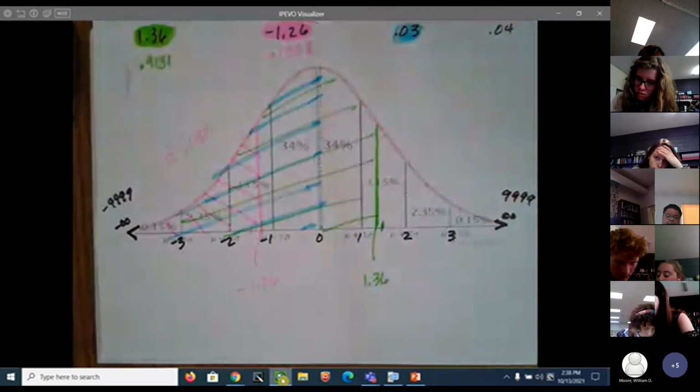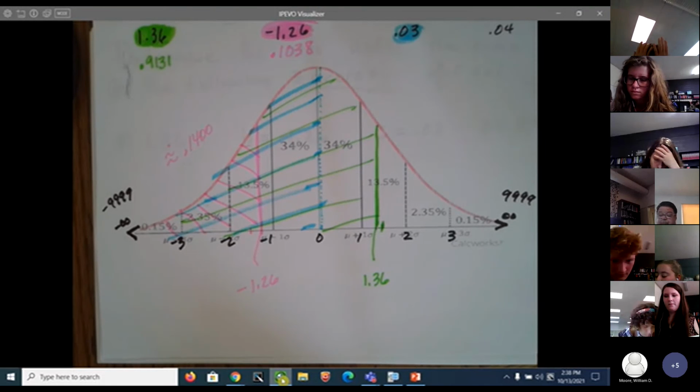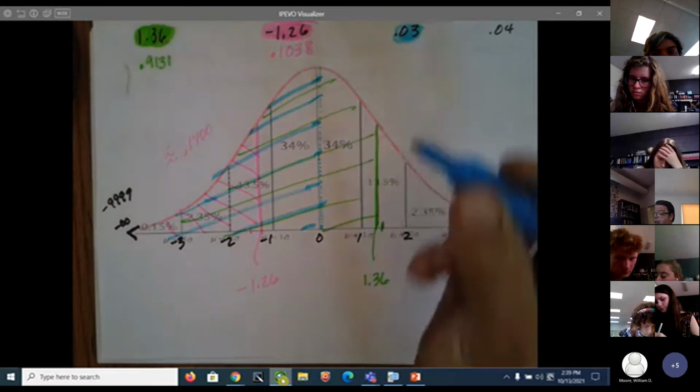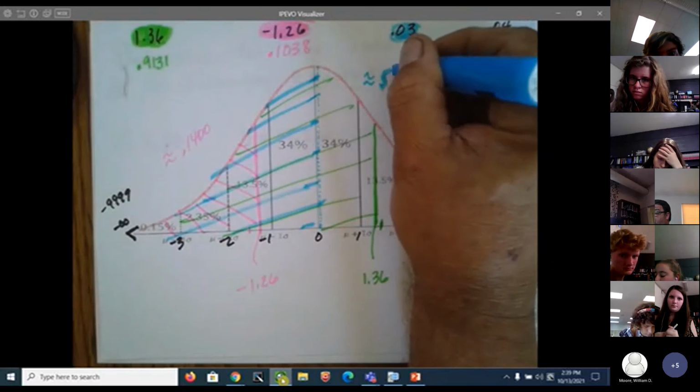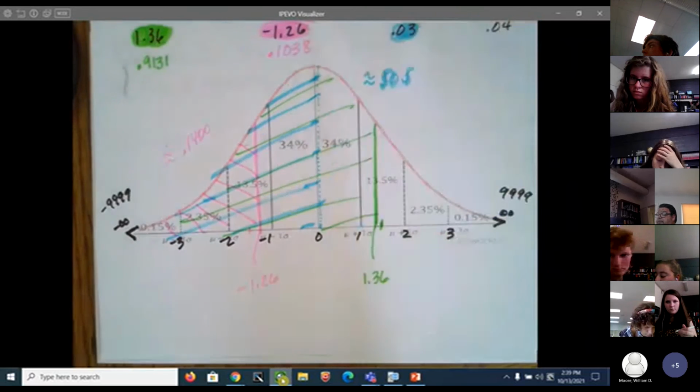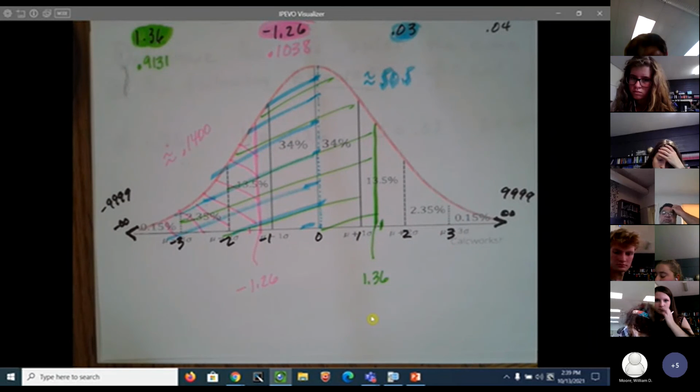If the middle is 50%, what will 0.03 be over? Around 50%. It's going to be a little bit over 50%. Thank you. So by the empirical rule, I say it's going to be around 50.5%, maybe. I don't have any idea, so let's see.